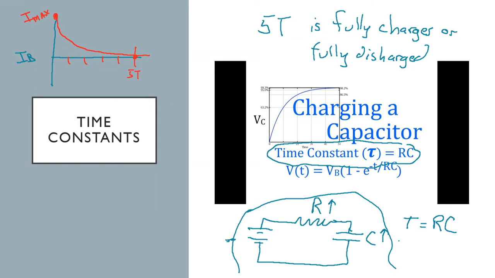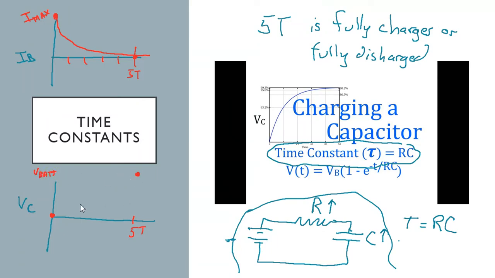If I looked at voltage, and not really voltage of the battery, because voltage of the battery is not going to change, but let's say we looked at voltage across the capacitor. Well, initially, the voltage across the capacitor is going to be 0 because it's not charged. As we put more and more charges on it, the potential energy per charge is going to build up. So it's going to reach a maximum, and that maximum is going to take 5 time constants, and that maximum is going to be the voltage of the battery.